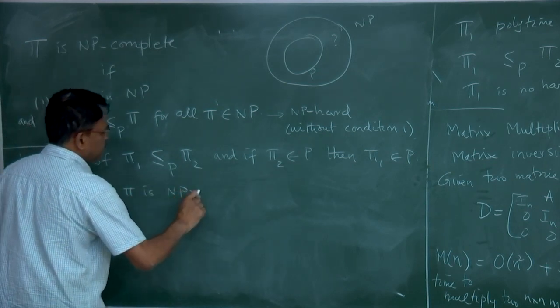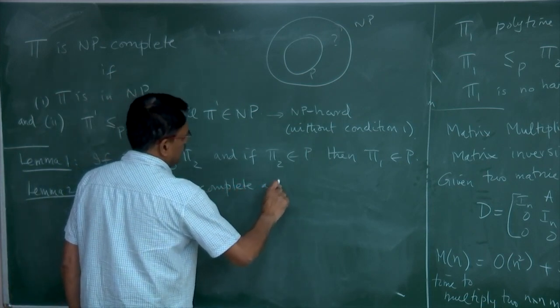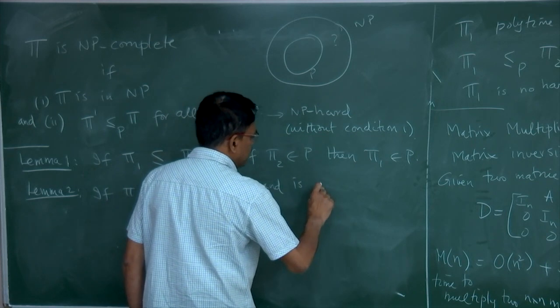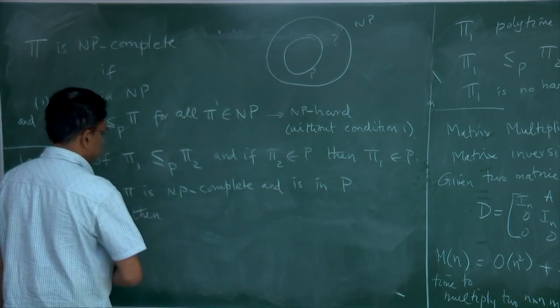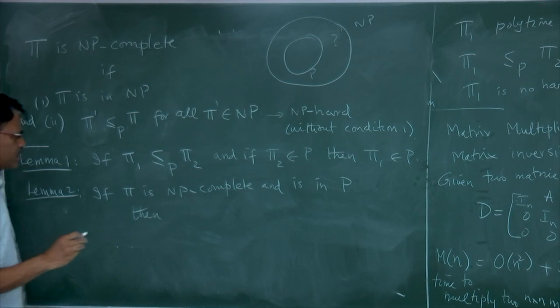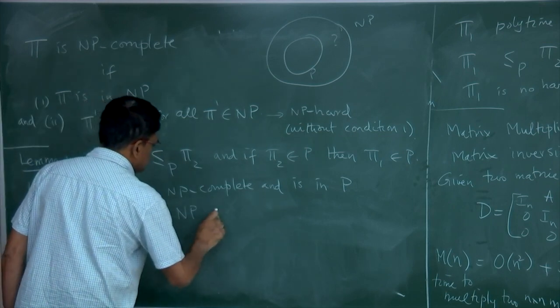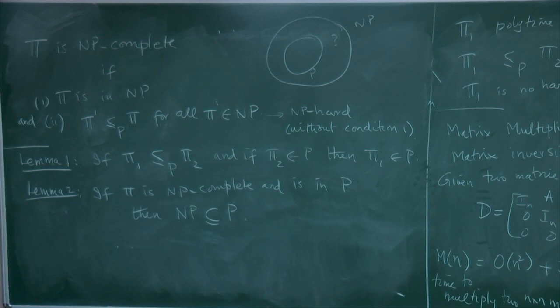If pi is NP complete and is in P, then P equals NP, then the whole of NP is contained in P. Why? Because we have loaded everything in this definition.